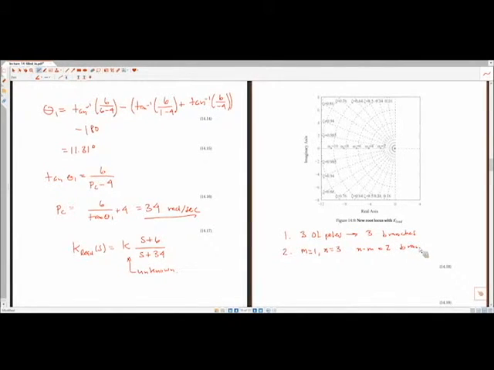Two branches go to infinity. Note that this is exactly the same as what we had for the plant, because when we added the lead controller, we added a pole and a zero, one of each. So we haven't changed the difference between these.